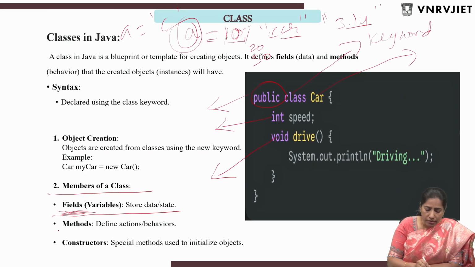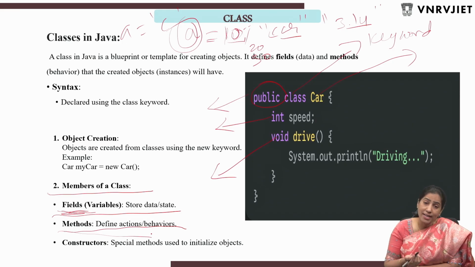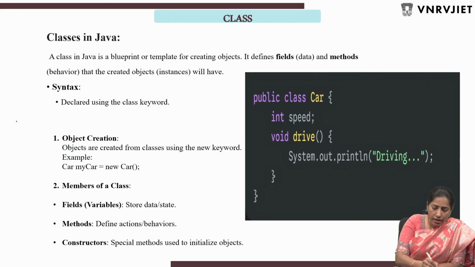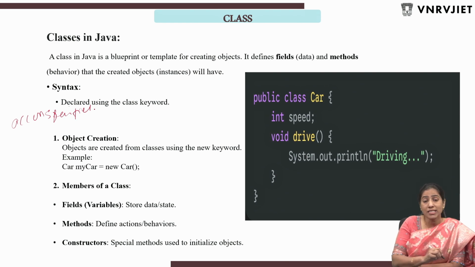And what else does the class have? The class also has methods. What is the syntax of writing a class, or defining a class, or declaring a class? How can you declare a class? We can declare a class using an access specifier. What are access specifiers?